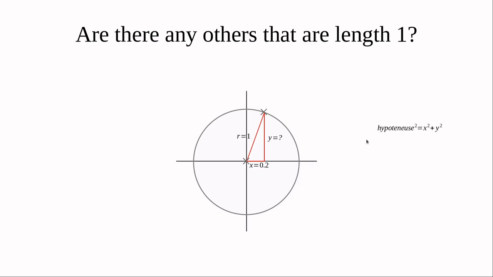We know r squared is x squared plus y squared, and the hypotenuse is 1, so 1 equals 0.2 squared plus y squared. 1 squared is just 1, and I've made that simplification here. Then we want to find y squared, so we put 1 minus 0.2 squared on one side and y squared on the other side. Square root that, and the value is 0.980, which is very close to 1. That looks like it could be true.